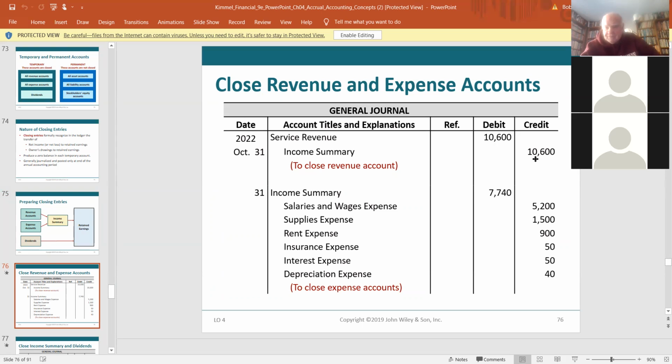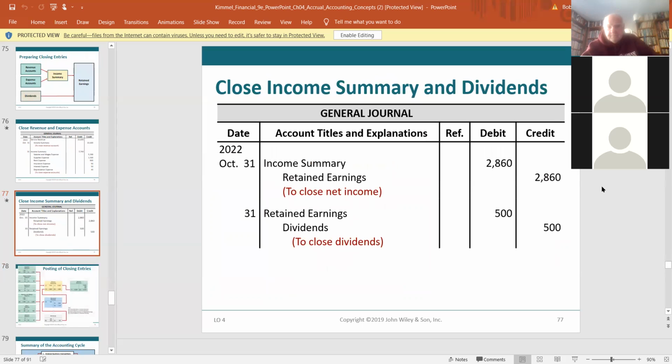So we have 10,600 sitting there in revenue, 7,740 sitting there in expenses. In other words, our net income is now in income summary. And here's the journal entry.